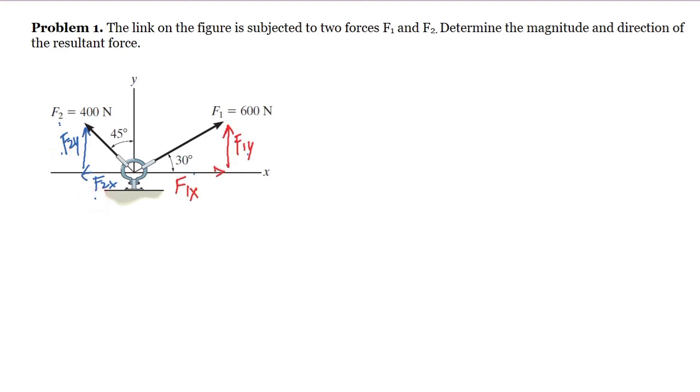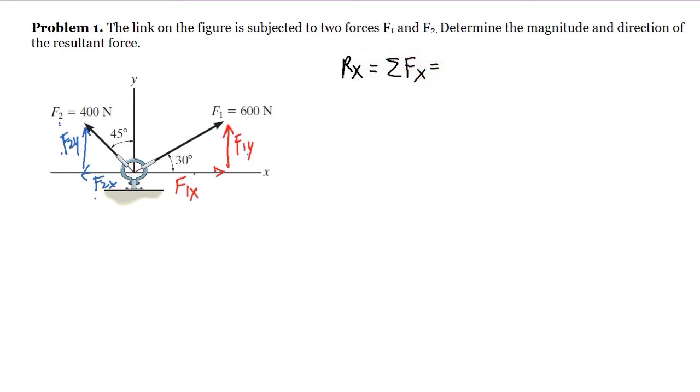Now, if we are going to compute for the resultant of the force system directed along the x direction, we have Rx equal to the summation of the forces along the x direction.